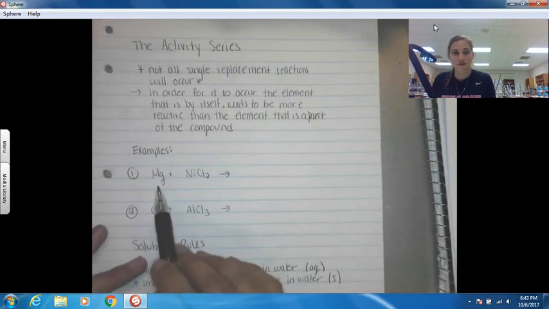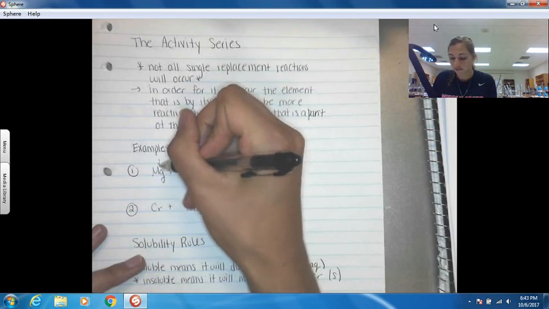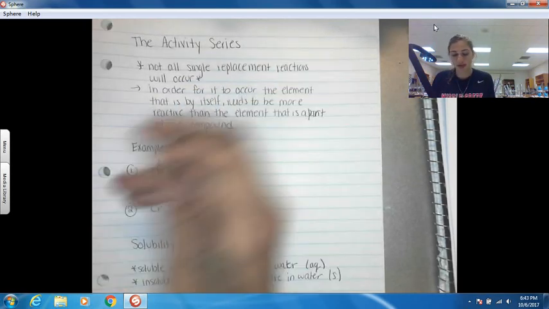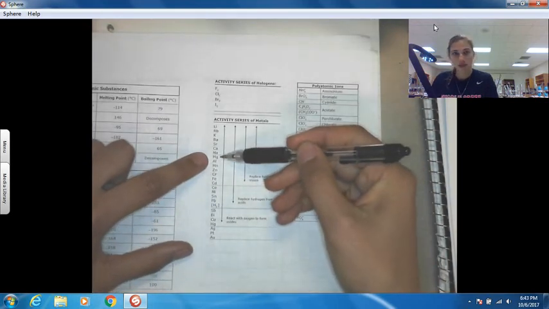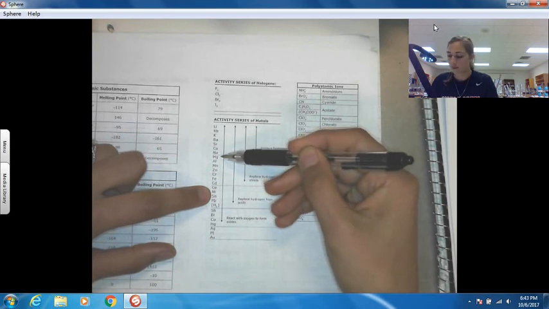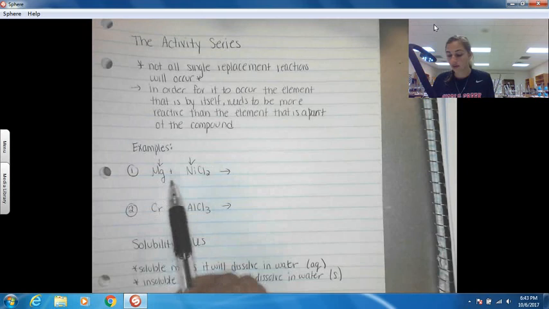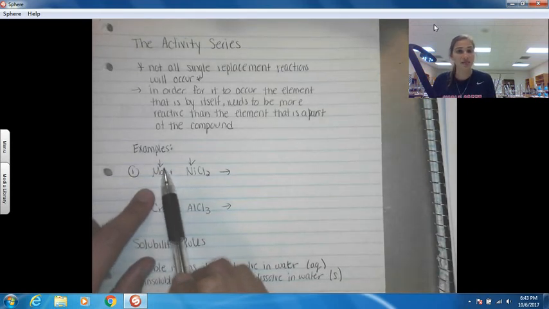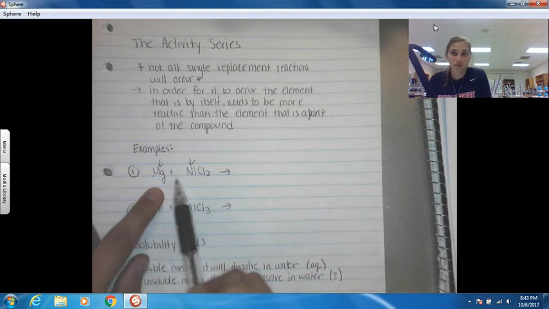Here we have magnesium plus nickel chloride. So the two metals that I'm looking for are magnesium and nickel. Magnesium is right here, and nickel is down here. Magnesium is higher, nickel is lower. Magnesium is by itself, which means that it's more reactive. Things that are reactive want to react with something else.